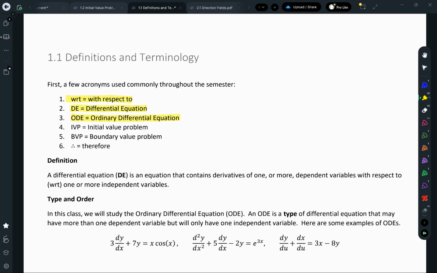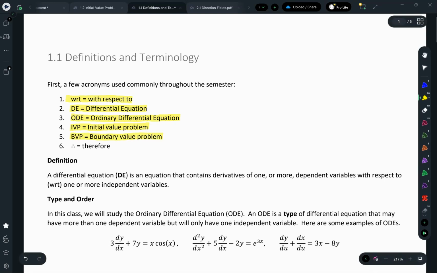And so we call those IVPs. Another one that we will use in this class: sometimes we'll know information about the boundaries of a domain for a particular solution of a differential equation. And so we'll call those boundary value problems, or BVP.